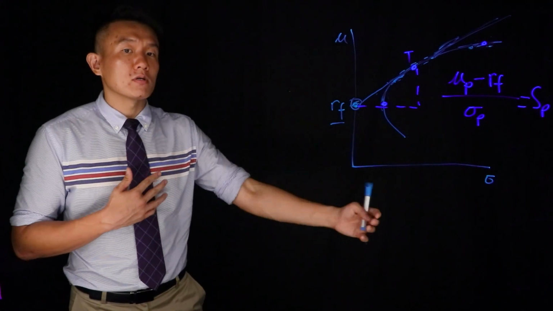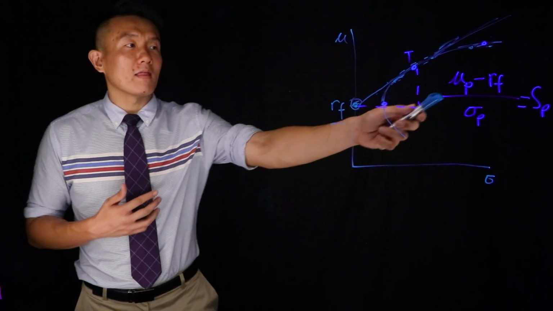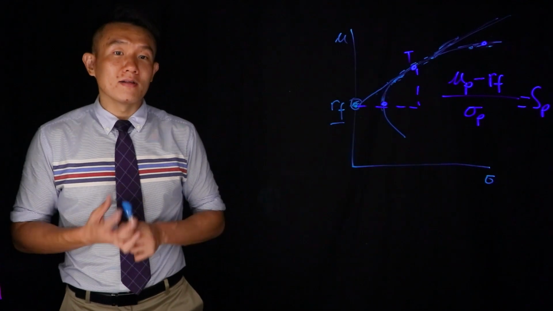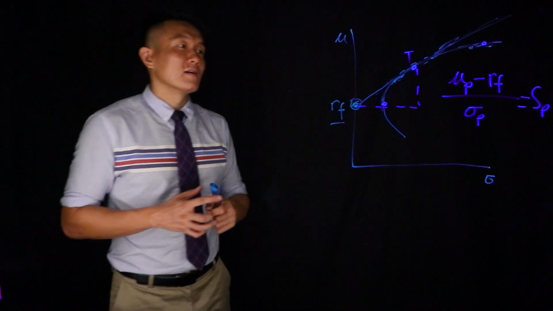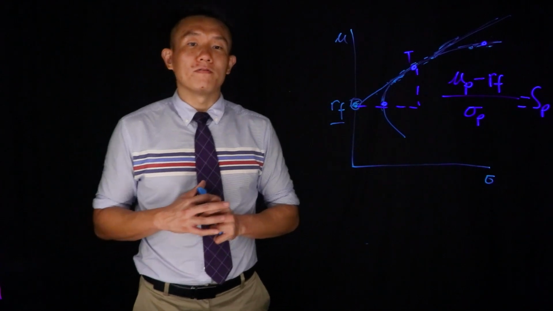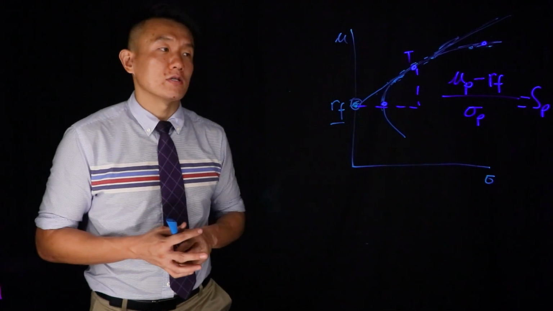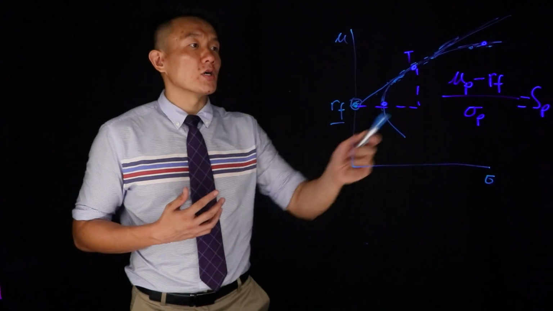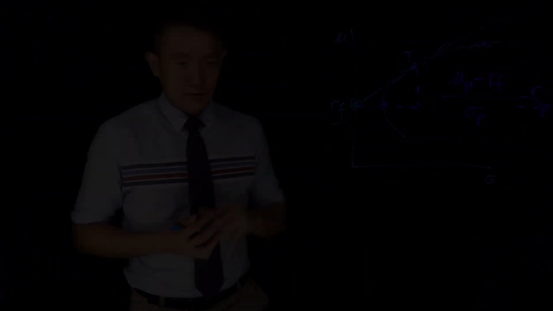So it's the excess return over the risk-free rate. We want that to be as high as we can get it. The denominator is the volatility. We want that to be low. So it makes sense, therefore, that we would be looking for the portfolio with the highest Sharpe ratio. It's going to give us exactly the best ratio of return to risk.